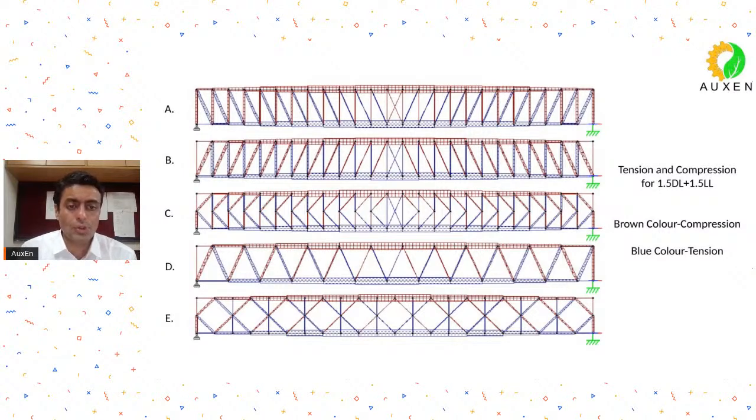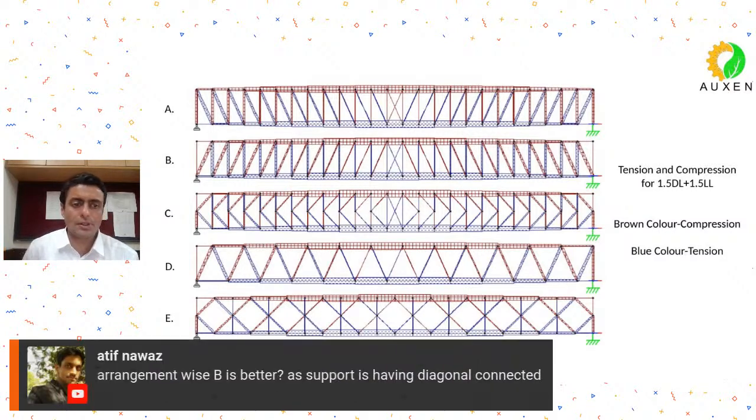Or before that, let's go to D. So in D, there is an alternating compression and tension in your diagonals. In type D, Warren truss, there are no verticals, so there is compression and tension alternating in the diagonals.